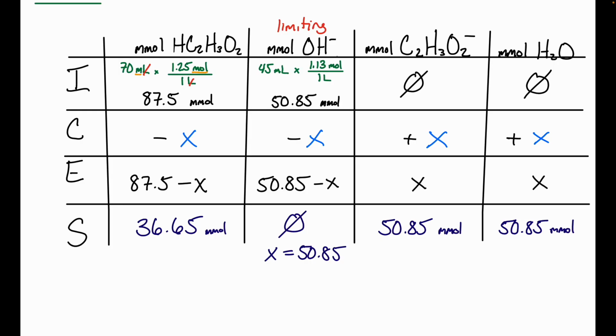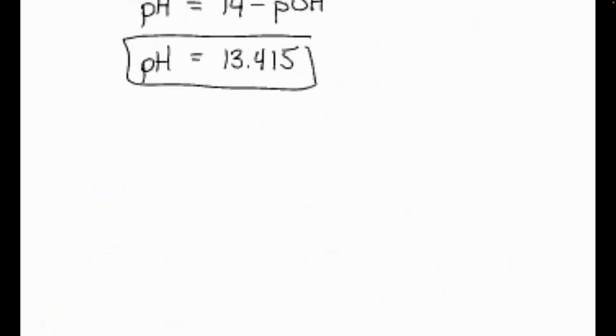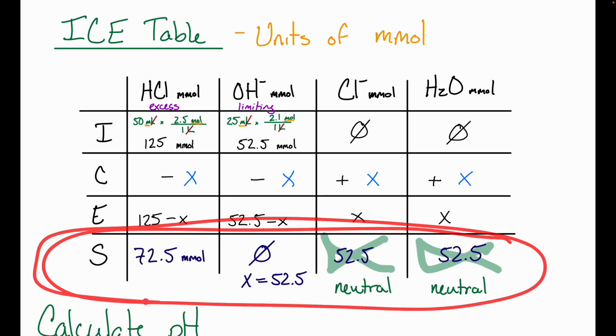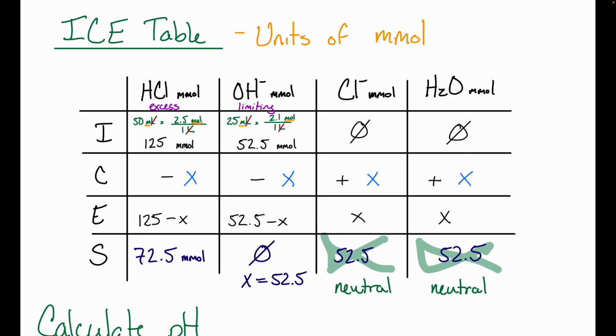So let's remember what we did back when we were looking at region 2 of our strong acid, strong base reaction. What we did is we got to the end and said, all right, this is the solution that I'm left with at equilibrium. So what remains in that solution at equilibrium? And we said, well, there's none of that strong base. And then we didn't care about the chloride or the water produced because those were both neutral.